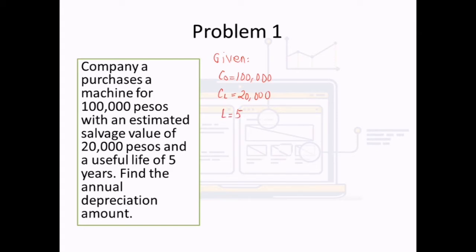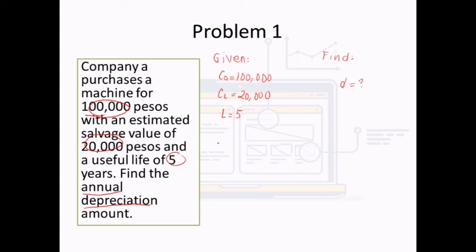The unknown for this problem is the annual depreciation amount, which will be denoted as small letter D, or the depreciation value per year. Let's just encircle the given on the problem and then underline the unknown to emphasize.